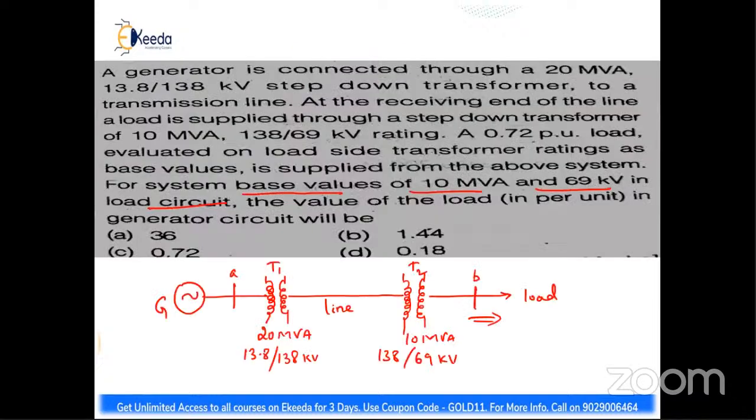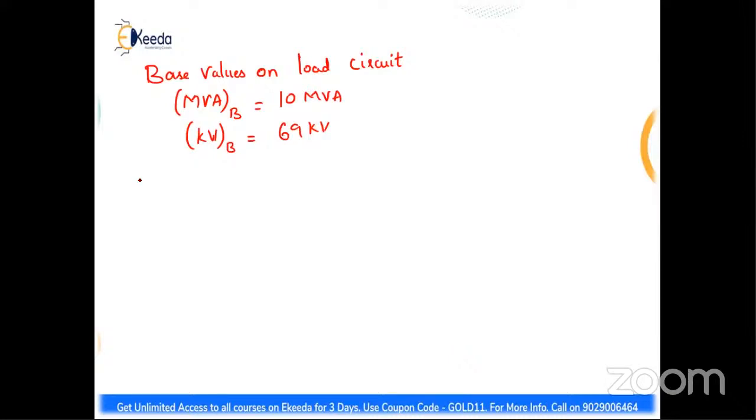So before that, load side transformer ratings as base values is supplied from the above system. Now we have to find out the base impedance first. The base impedance is equal to 69 squared divided by 10.